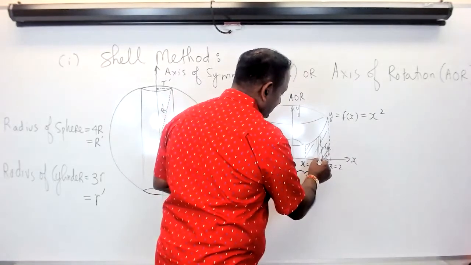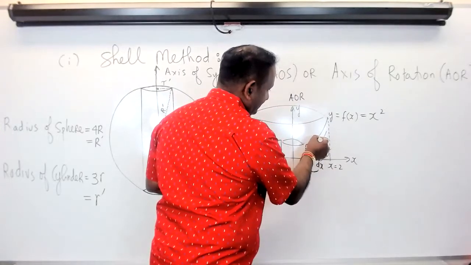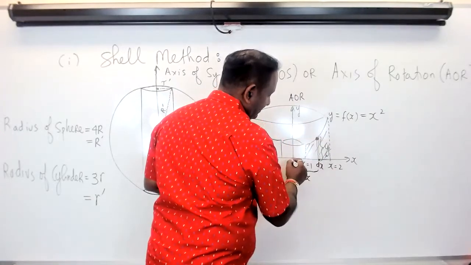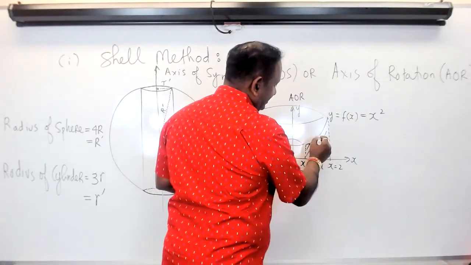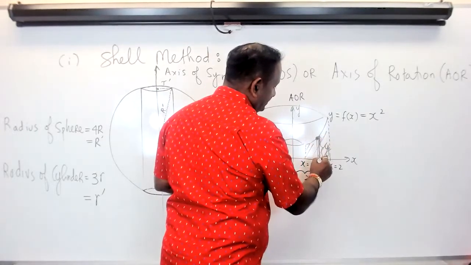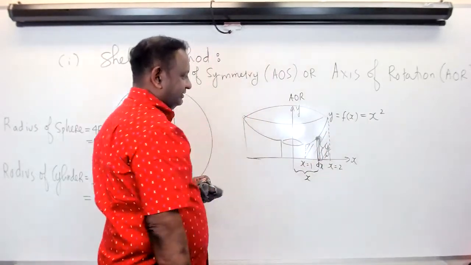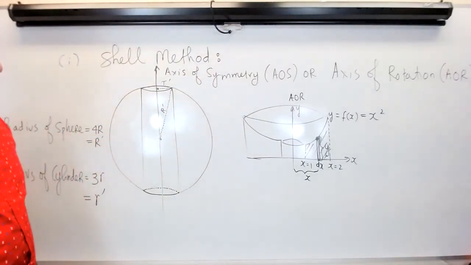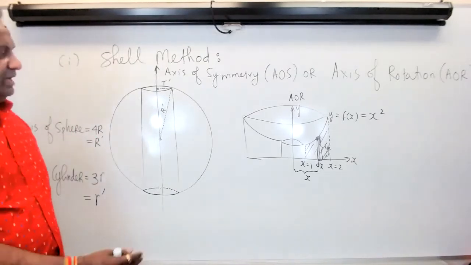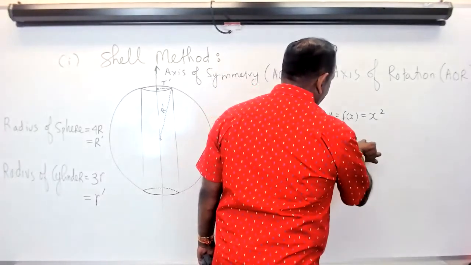You pick the point from here, travel x distance, y distance, and pick an infinitesimally small strip from that point parallel to the y-axis. That's the way we're going to do that. Then later on, y can be easily replaced with f of x. In this scenario, f of x would be x squared.